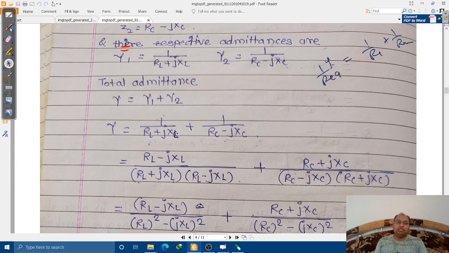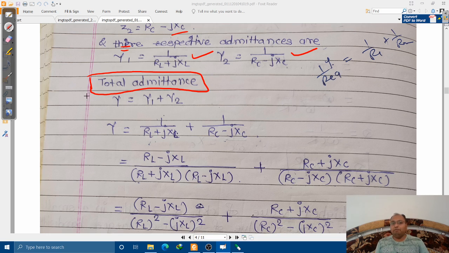The impedances we have found over here and their respective admittances; the total admittance can be found by adding the admittances of these two branches.